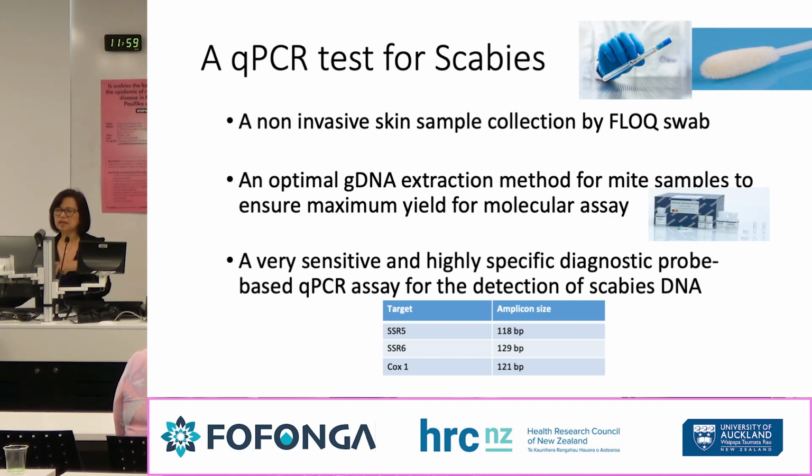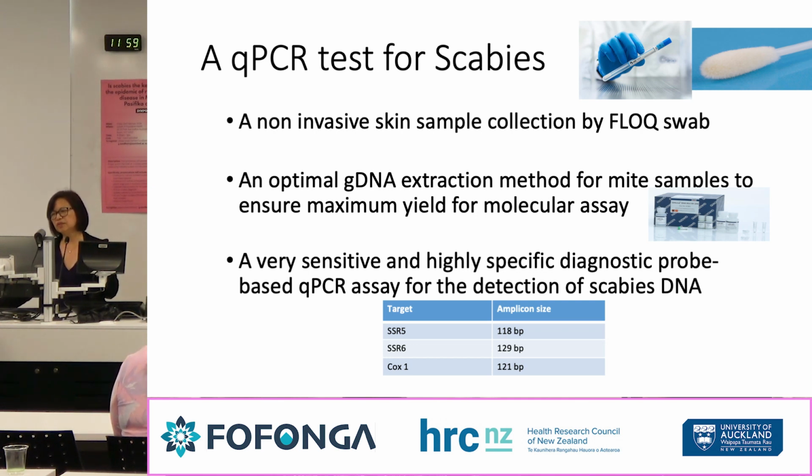And for our qPCR for scabies, we have also optimized a way of extracting the DNA. These first two are vital steps in the success of the qPCR. You need to be able to identify the proper place or the lesion that you need to swab. So it's so important that clinicians or survey people really know how to identify what they suspect are scabies lesions.